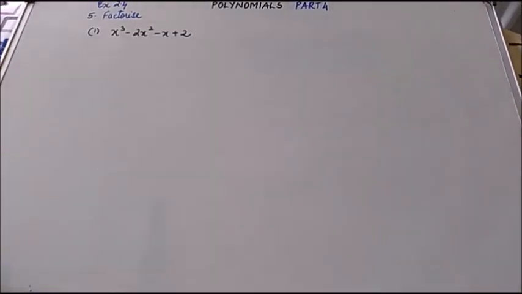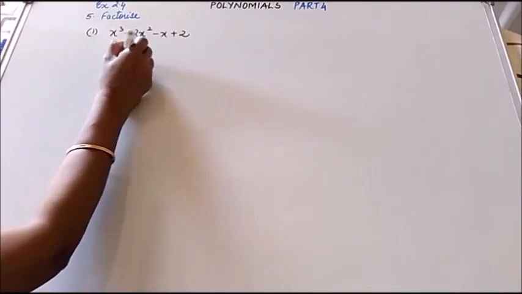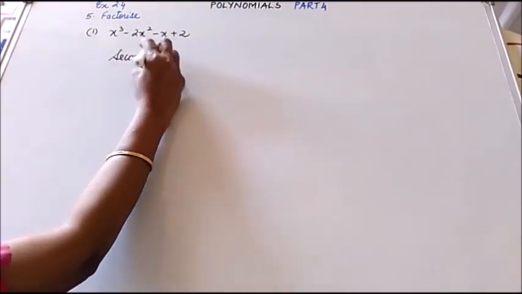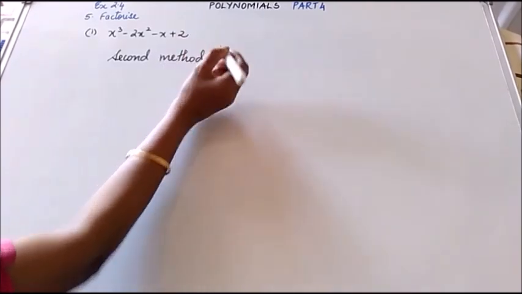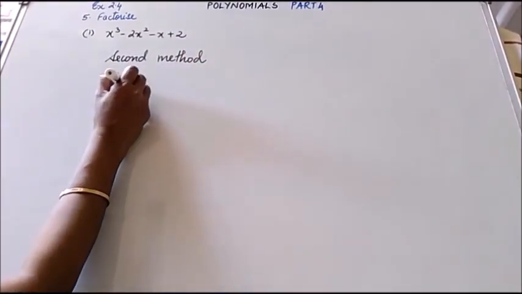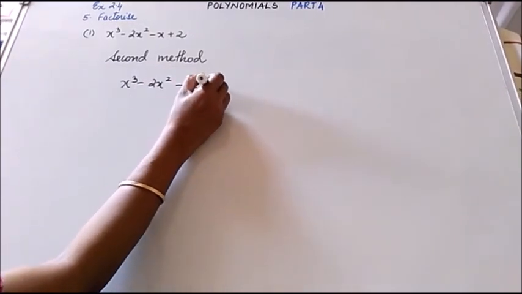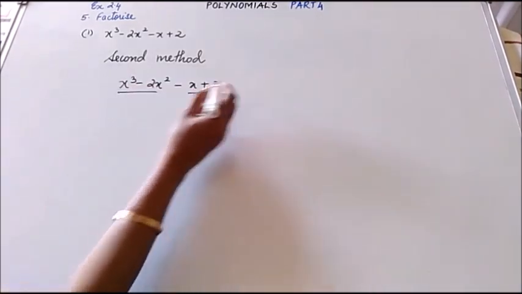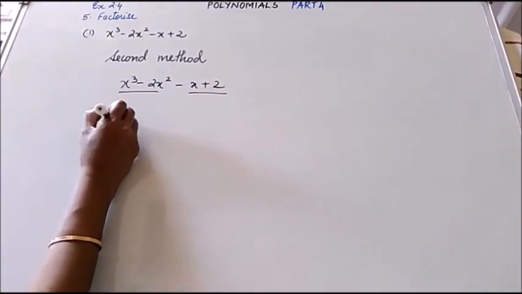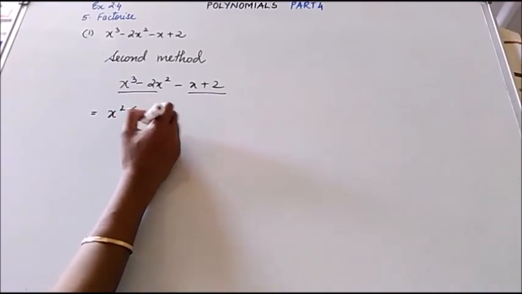This question can be done by another method, that is by grouping. All the questions cannot be done by this method. There are only some questions that can be done. Now here we have got x cube minus 2x square minus x plus 2. I will group the first two terms and the next two terms. What is common here? X square is common. You get here x minus 2.